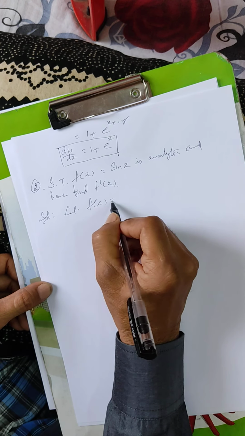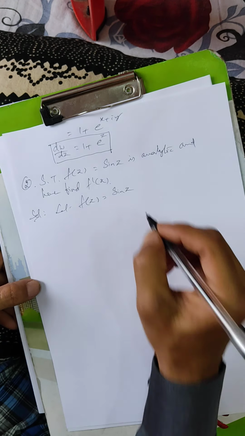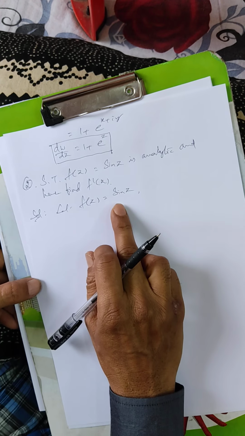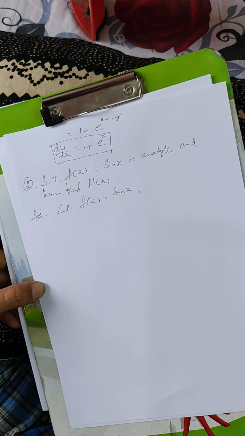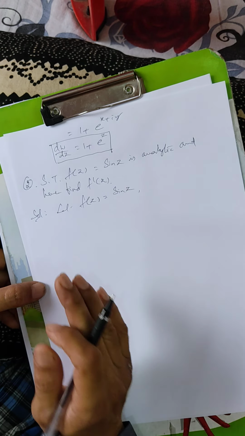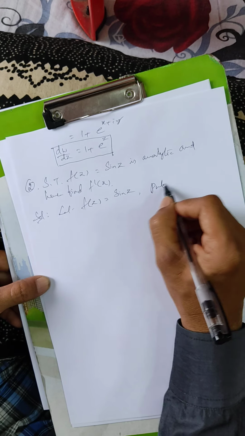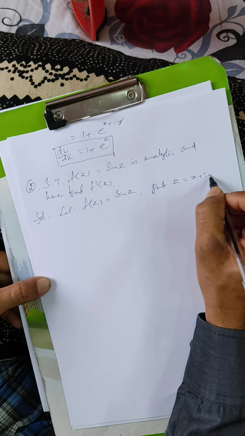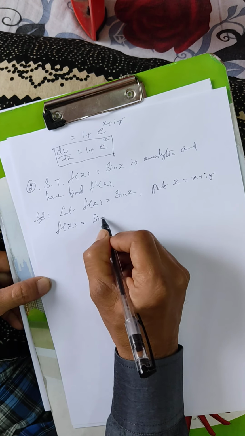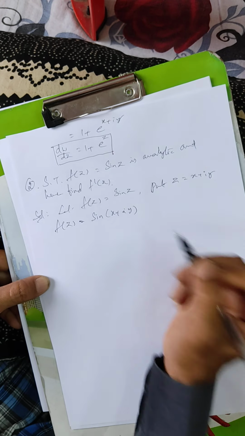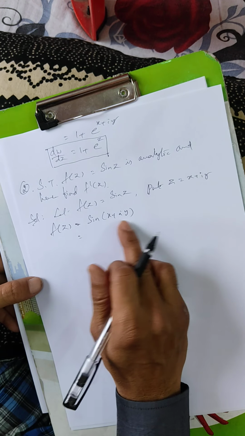First, write the given function f of z is equal to sin z. We substitute z is equal to x plus iy to separate the real and imaginary parts. Then f of z is equal to sin of x plus iy, which is in the form of sin of a plus b.